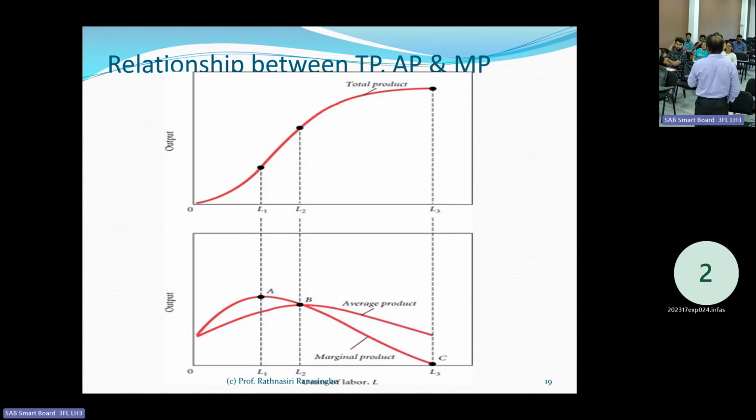The same thing happens with the producers, because he has to combine all these resources. When reaching a particular level of output, the producer has to spend money acquiring those resources. Therefore, cost is also very important.